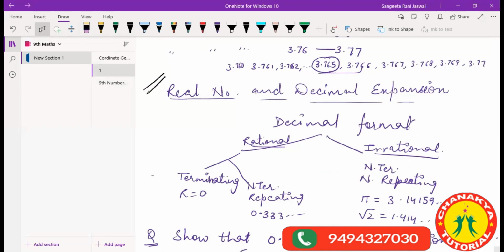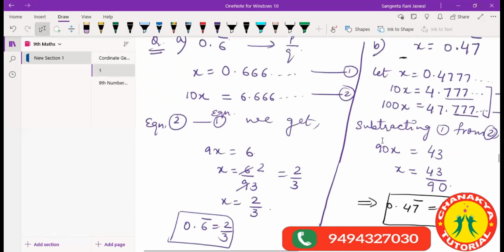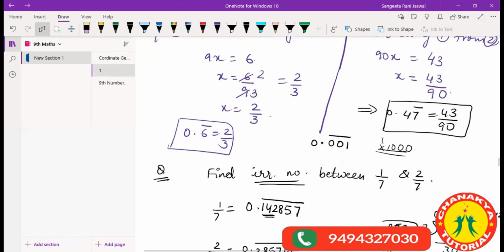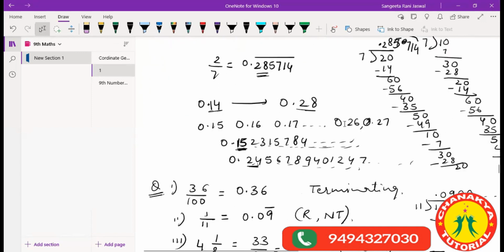Till how much do you want? Just till exercise 1.3. Did you attend this part? No, ma'am, I didn't attend this part also.